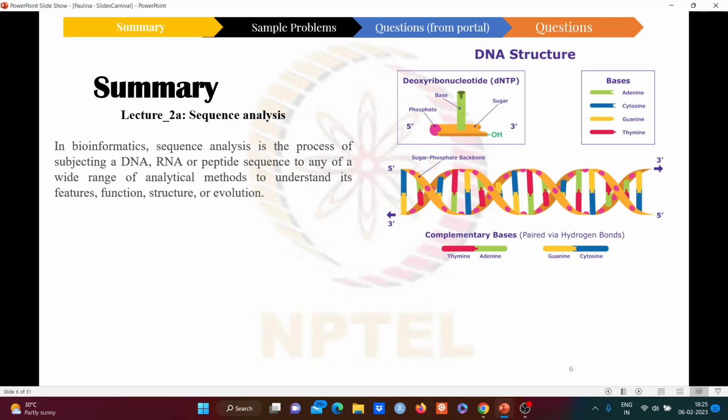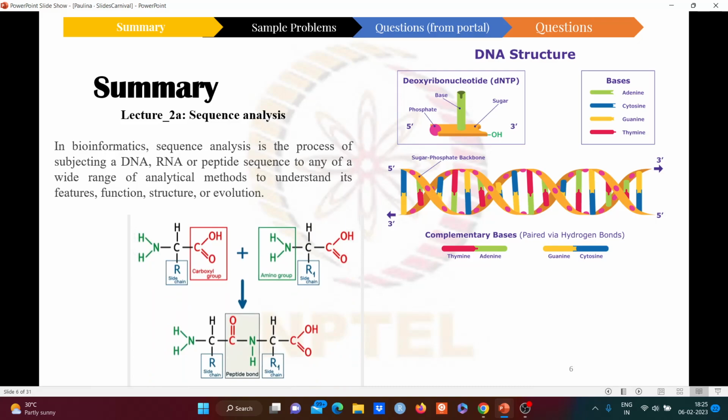Next, coming to the largest biomolecules ever studied, the proteins. Proteins are large biomolecules and macromolecules that comprise one or more long chains of amino acid residues. Just as nucleic acids are polymers of nucleotides, proteins are polymers of amino acids.